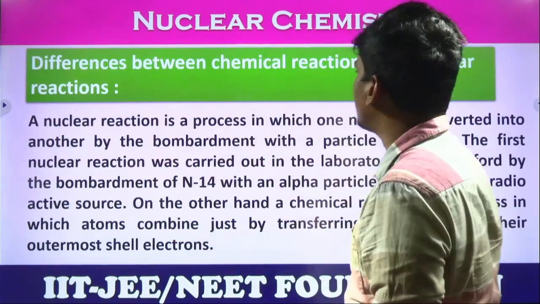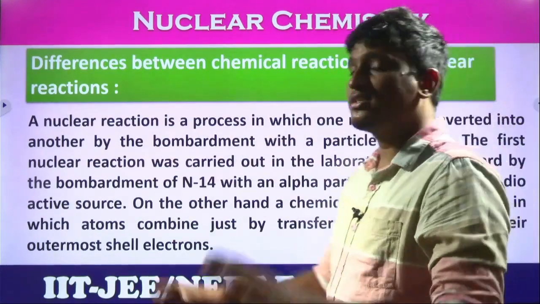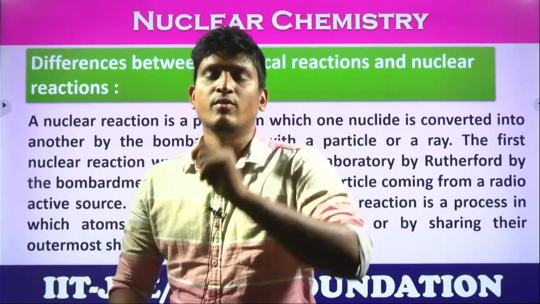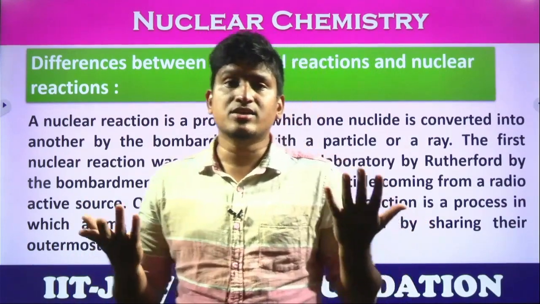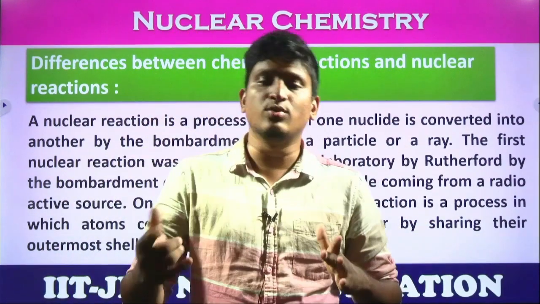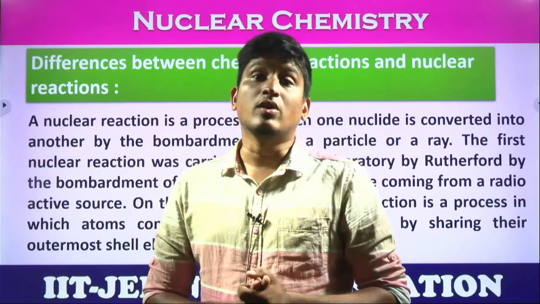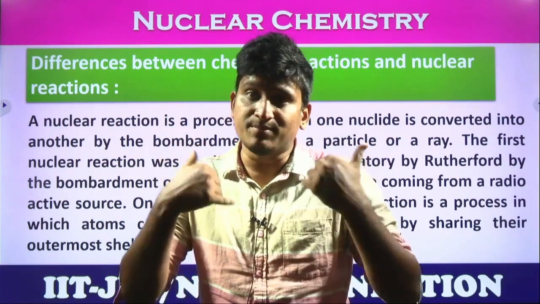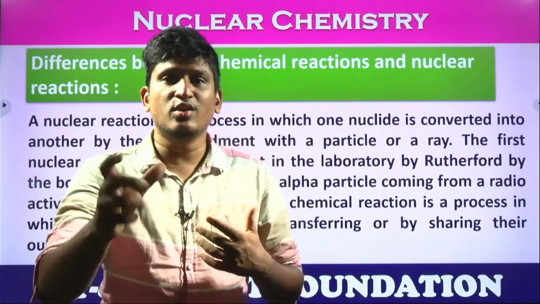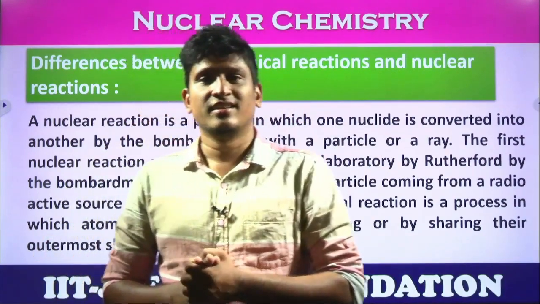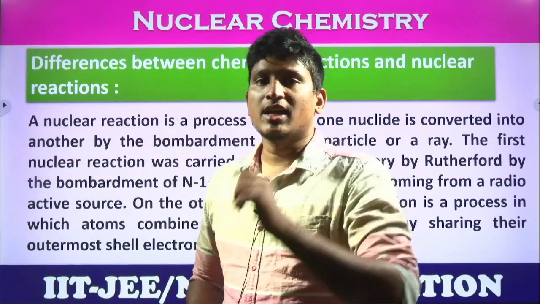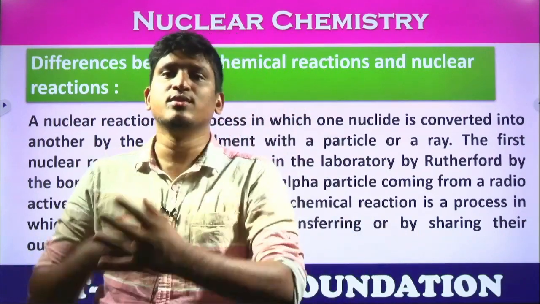The difference between chemical reactions and nuclear reactions, we also discussed in the first video. Chemical reactions take place by the electrons, whether by losing, gaining, or sharing. Nuclear reactions take place by the nucleus, protons and neutrons only. In chemical reactions, reactants react and produce a new substance.